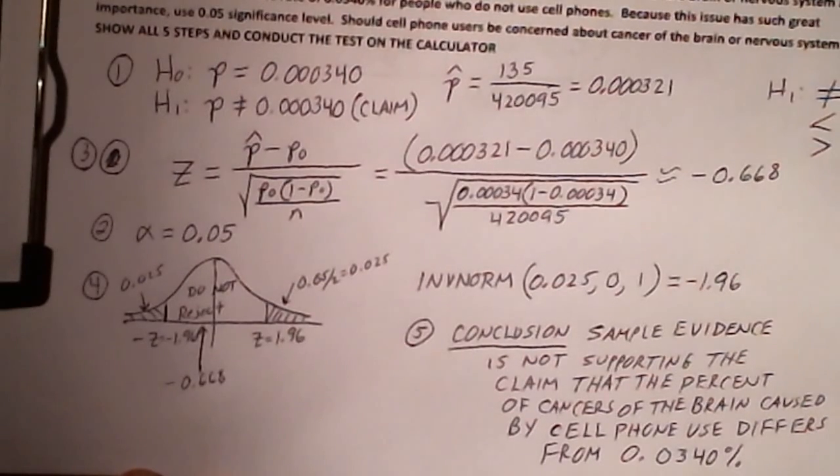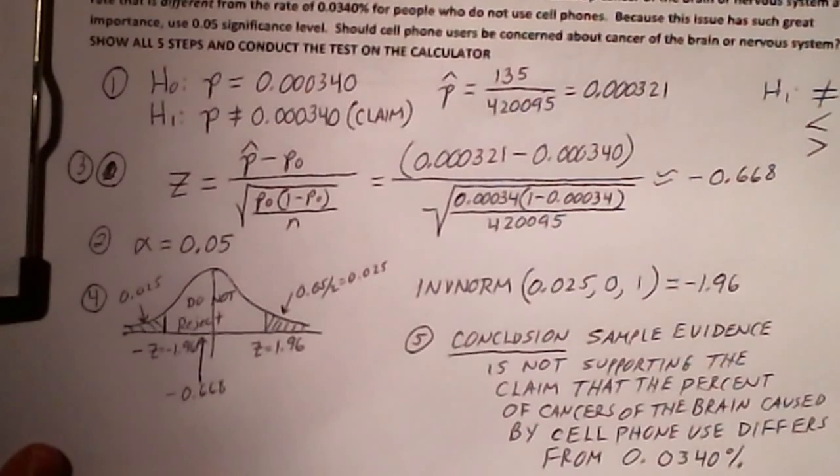So that concludes this two-tailed test of testing for an unknown population proportion.